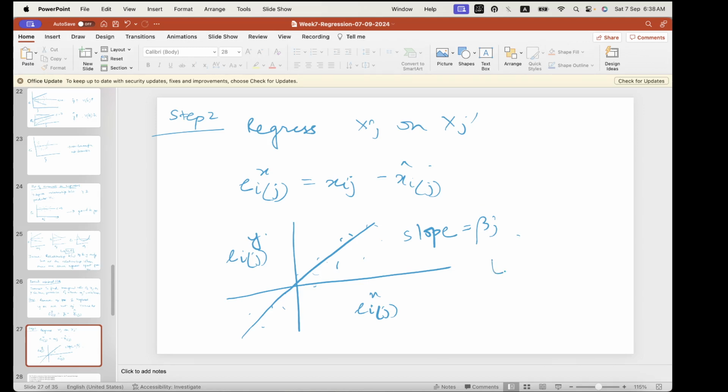Alright, and then here it would mean that if there is less scatter, then the relationship is strong.